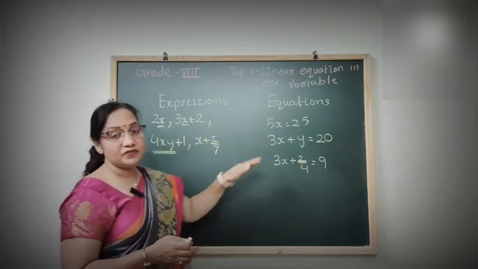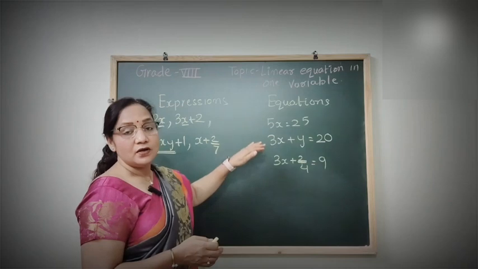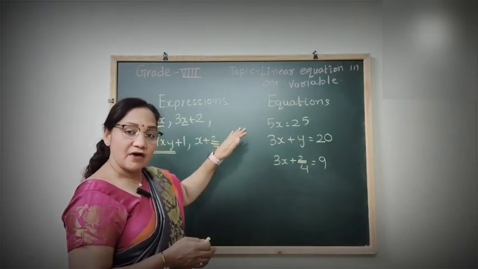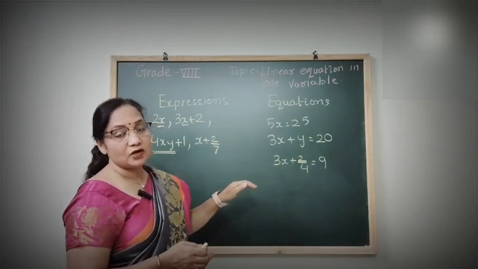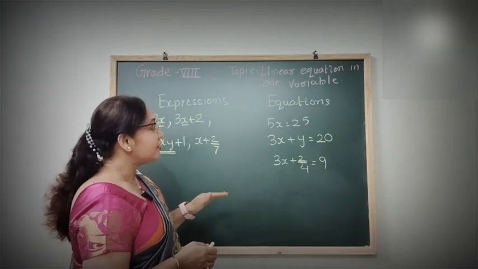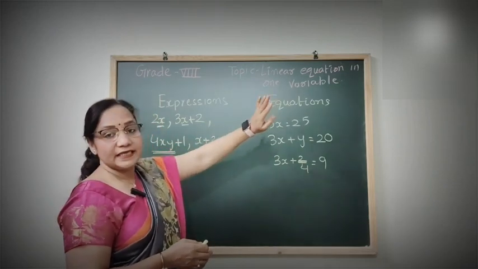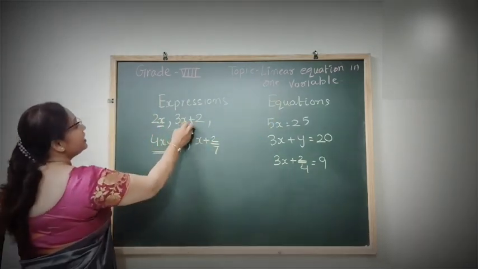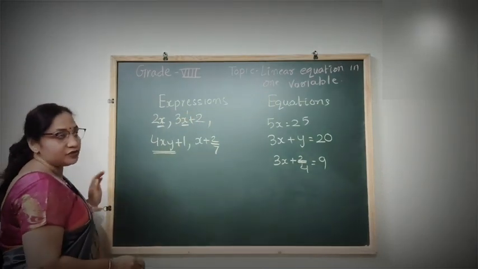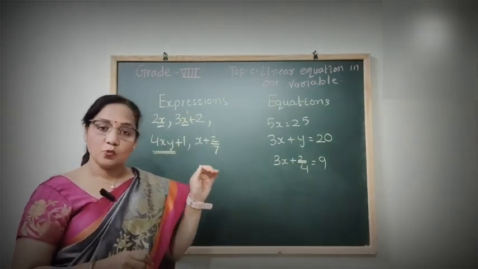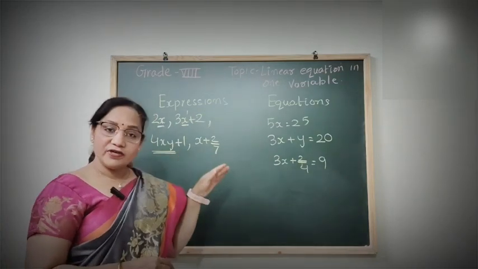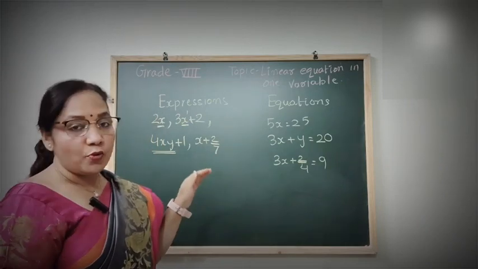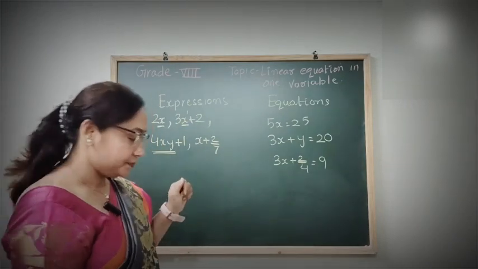And the equations which we solve, the equations having variable power 1, that means the power of the variable is 1, such equations are called linear equations. So today we are going to do linear equations in one variable, having one variable and power 1. So our topic today is linear equation in one variable. So let us now start with the first exercise 2.1 from NCERT.